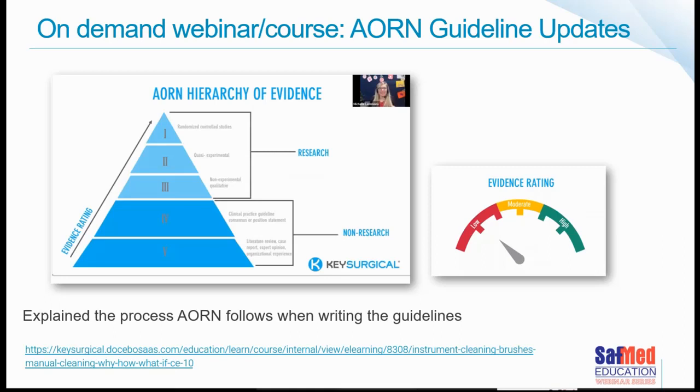They specify which standards they want to focus on. And they start by looking at evidence that is non-research based and evidence that is research based. And then all of the evidence is given some form of rating at the end of the day. And then out of that, they determine what they'll include in their guidelines and what won't be included in the guidelines. Very logical, very structured process that the AORN uses before just putting out a guideline.